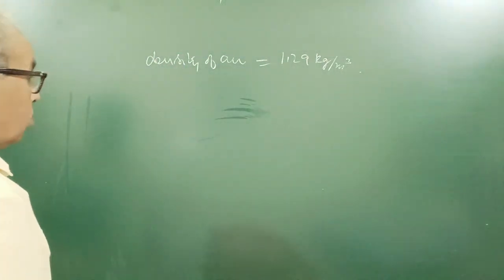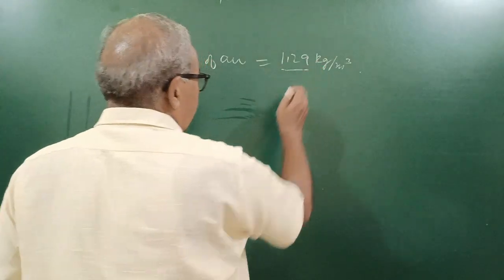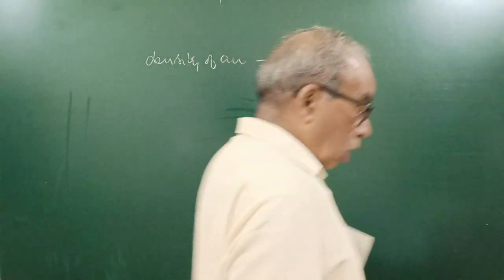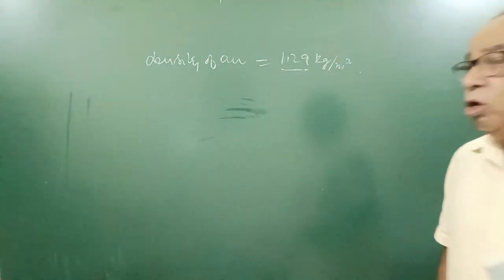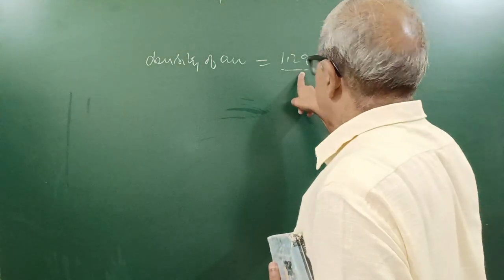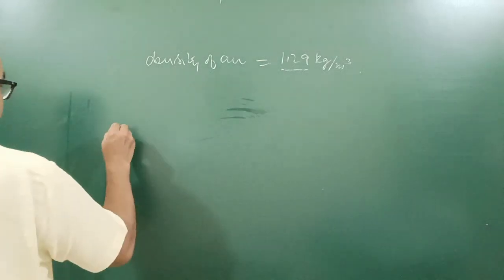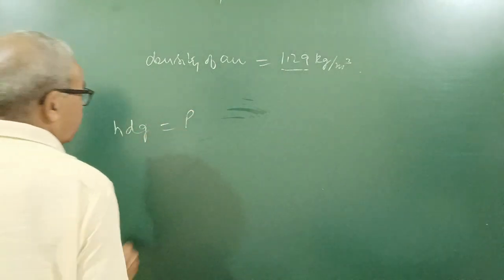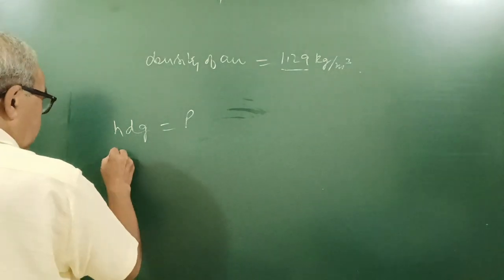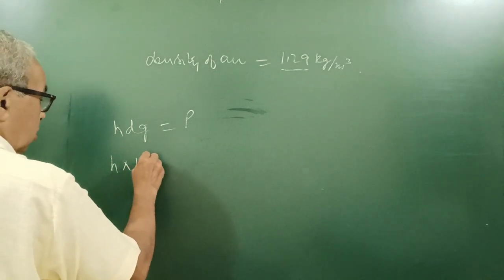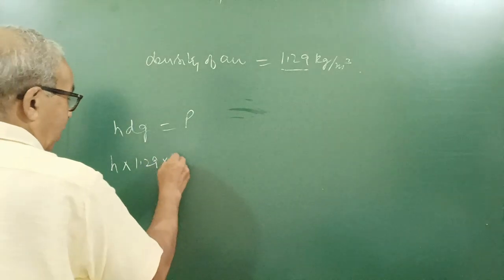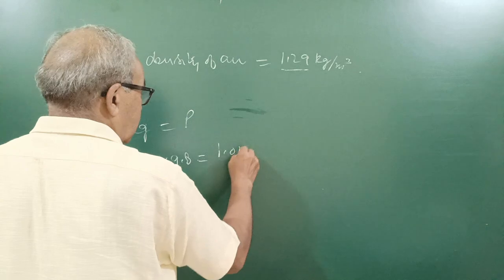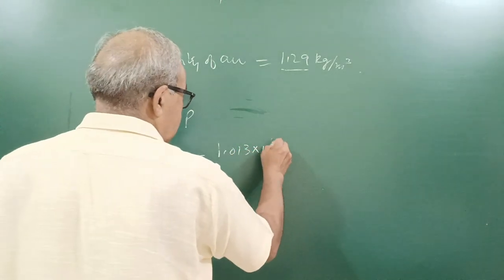So if we assume the atmosphere to be a column of fluid of density 1.29 kg per meter cube, then we calculate hρg is equal to P. So for h we have density 1.29 into 9.8 is equal to 1 atm, 1.013 × 10^5.